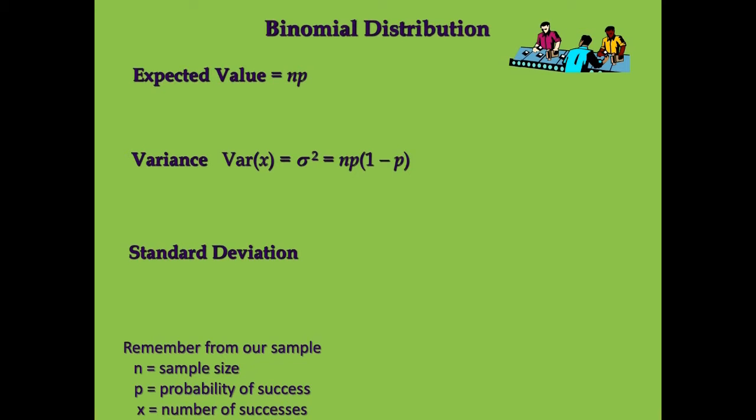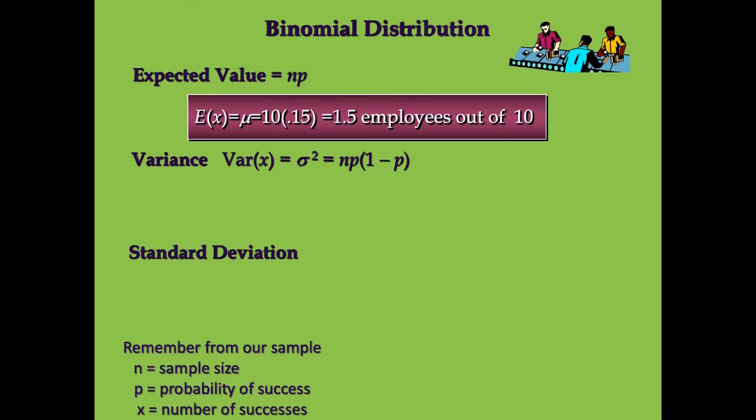And the first is shown there as expected value. The expected value formula is n times p. If you look at the bottom of this slide, you'll see that there are 3 variables in binomial distribution. n is the sample size.